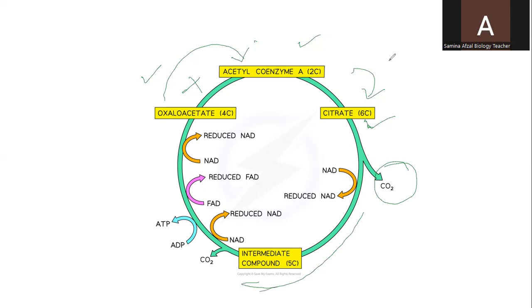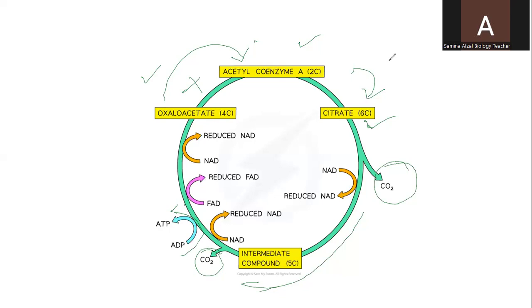And then again, decarboxylation takes place, the carbon dioxide will be released, and the reduction of NAD will also take place. And then there will be the formation of ADP to ATP. Rephosphorylation takes place, and then again FAD, another molecule, will also be reduced and will change into reduced FAD, and NAD will once again change into reduced NAD.